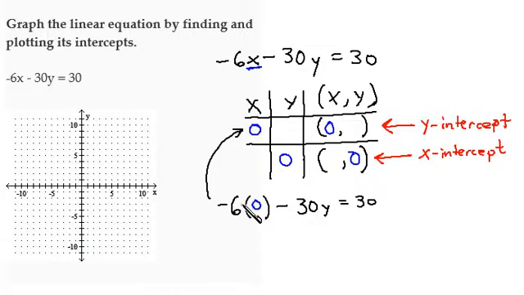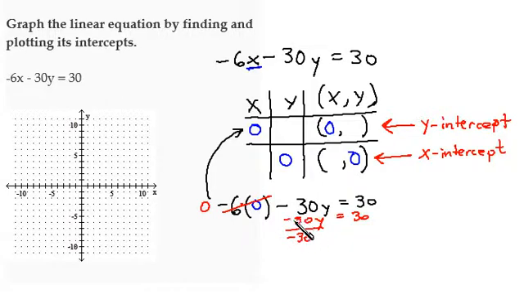Here's the first thing we do. Anything times 0 is 0. So this is 0. Minus 30y becomes negative 30y equals 30. What we would do right at this moment is divide both sides by negative 30.